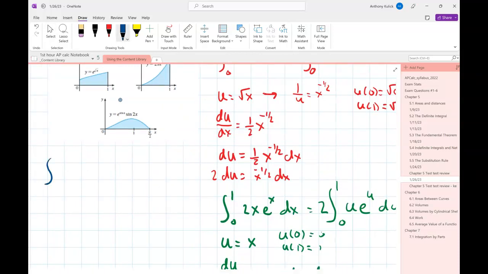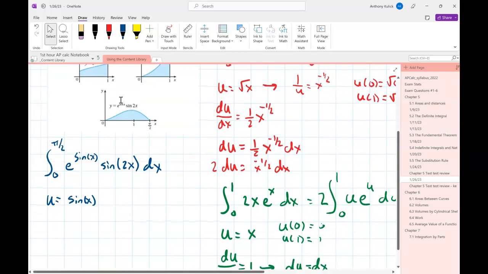So we have the integral from 0 to pi over 2 of e to the sine x sine 2x dx. All right, this one looks to be the trickiest one. u is going to be sine x.